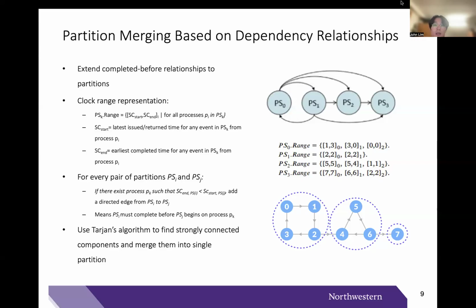We then use Tarjan's algorithm to find strongly connected components and merge them into a single strongly connected component, and have a final partition to be used for the deadlock detection.